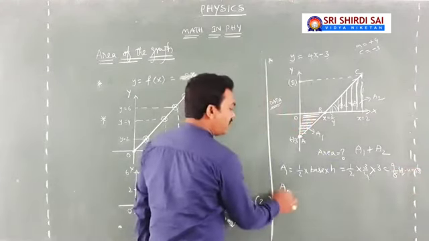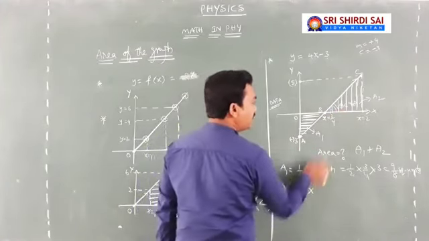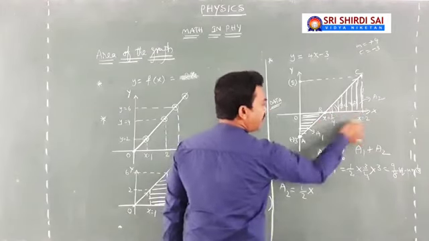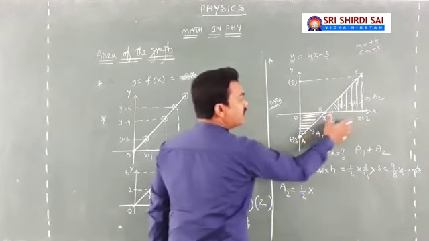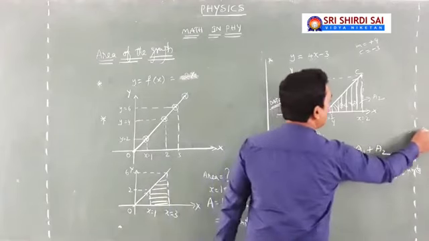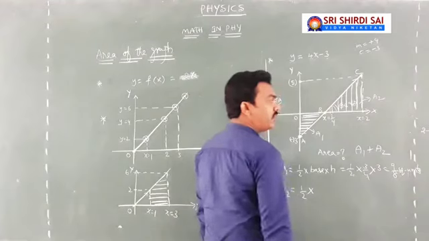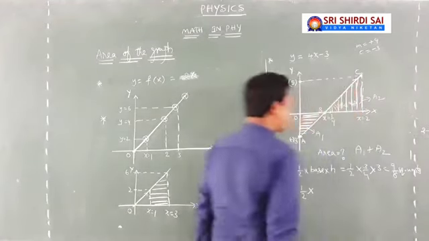If you wish to calculate area covered here, A2, again the same formula: half into base, here to here. Here to here means 2 minus 3 by 4, because here x equals 3 by 4, and here x equals 2. So 2 minus 3 by 4 means 2 minus 0.75, so it will be 1.25.